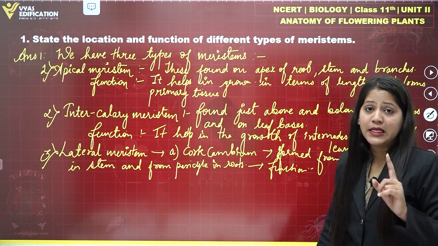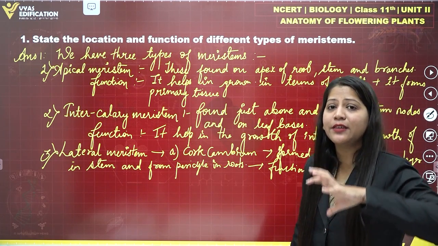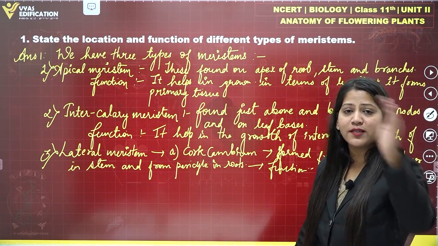If we talk about the function of this, then this lateral meristem is going to form a protective cork and aerating lenticels on the outer side.